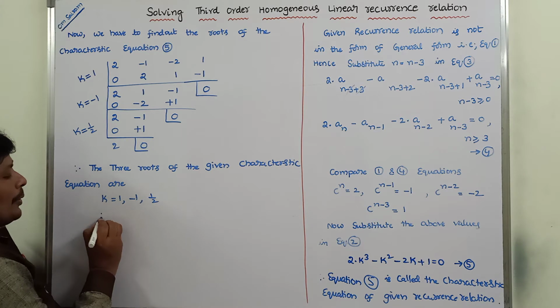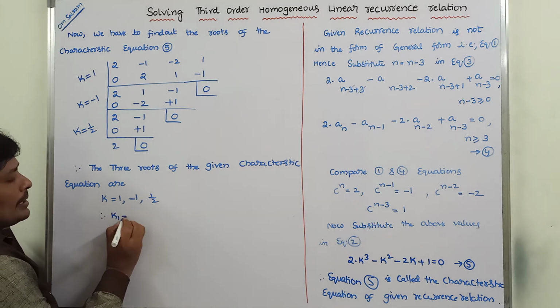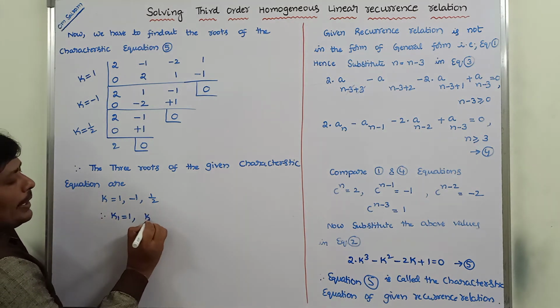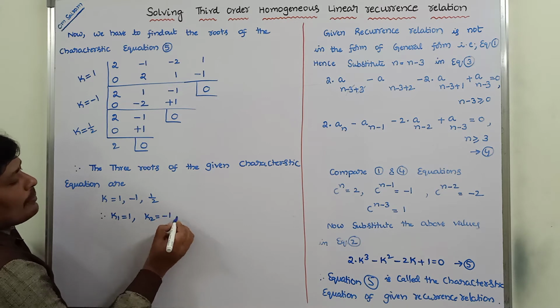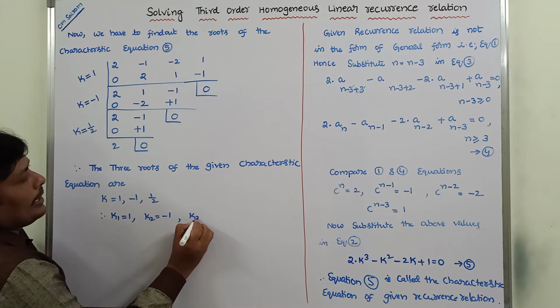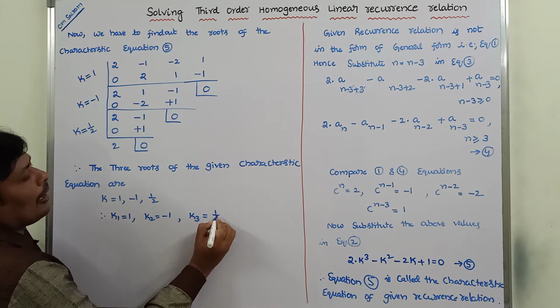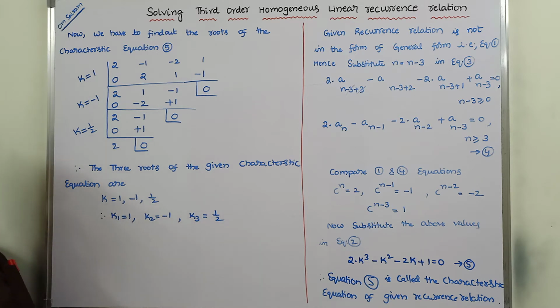So therefore k1 is equal to 1, k2 is equal to minus 1, and k3 is equal to half.